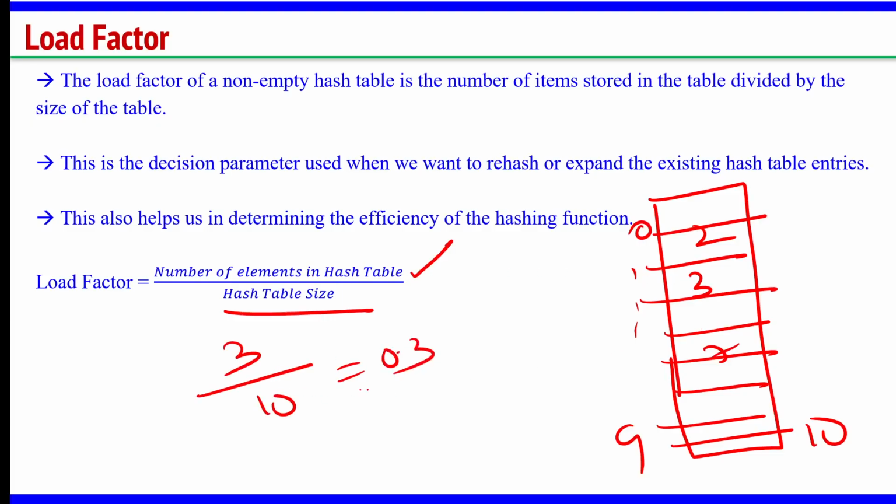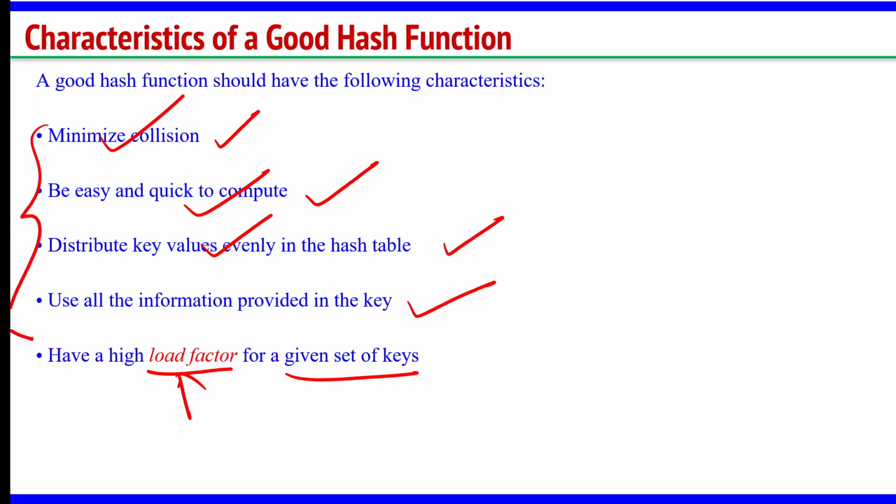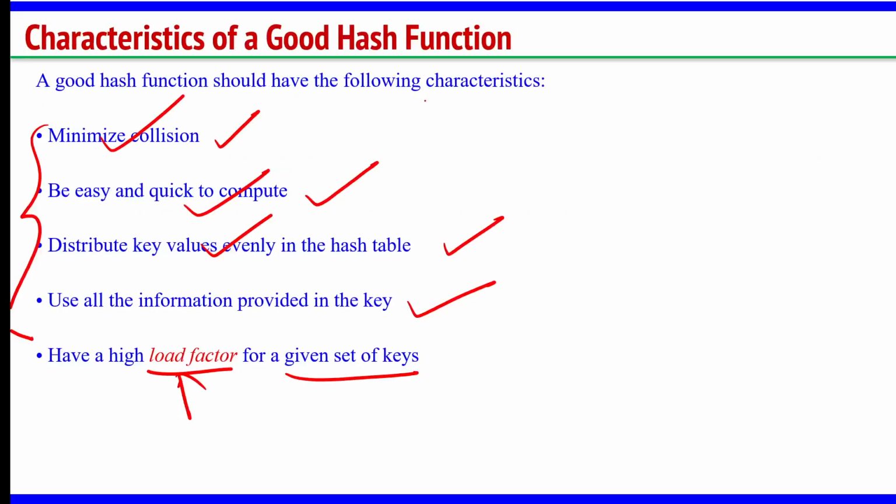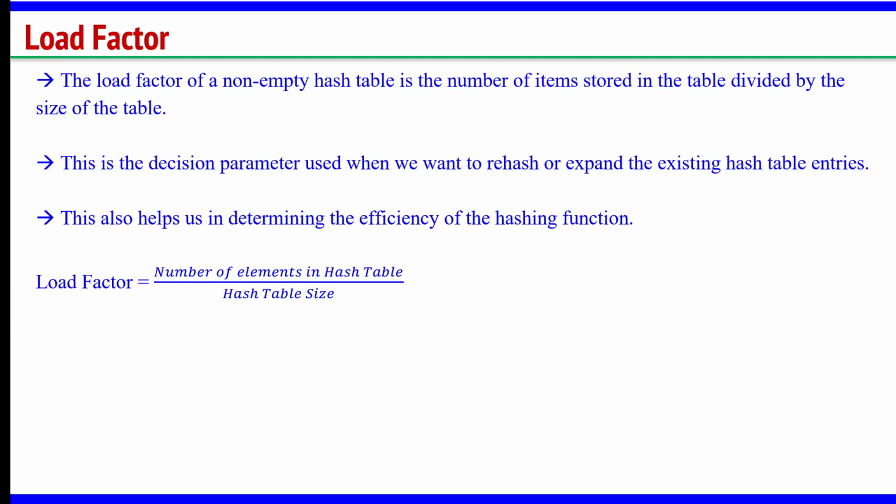This is 0.3. It should have a high load factor, meaning the table should be properly filled. More elements should be occupied in the hash table. Those are the characteristics of a good hash function, and this is the formula for load factor.